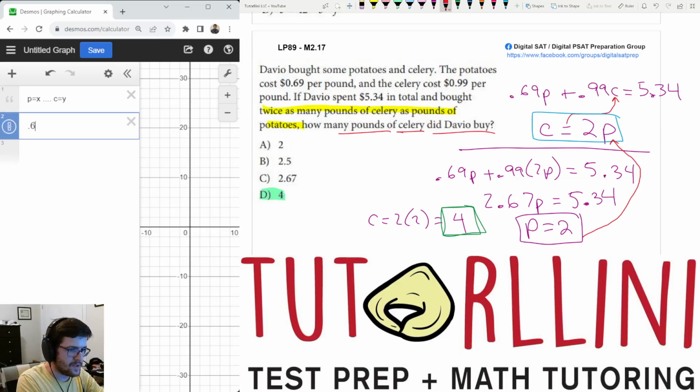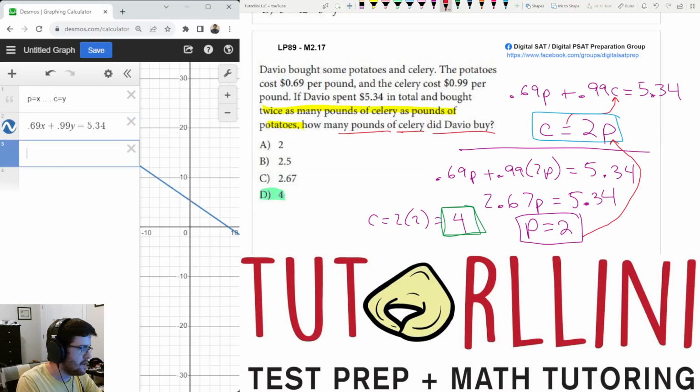So 0.69 X plus 0.99 Y equals 5.34. And now I'm going to write C, which is actually my Y. Y equals 2X.